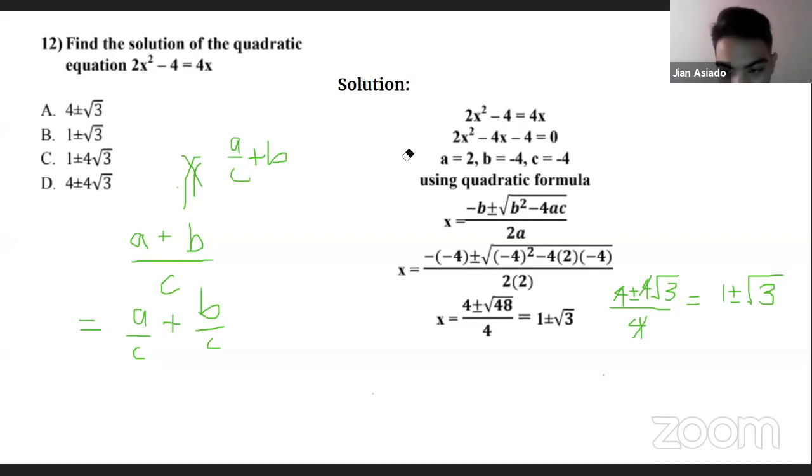Pwede nyo lang gawin kasi yun, i-cancel nyo lang yung isa pag multiplication yung sign. Pero if it's addition or subtraction, you have to treat it like this, yung sa example na A over C plus B over C.